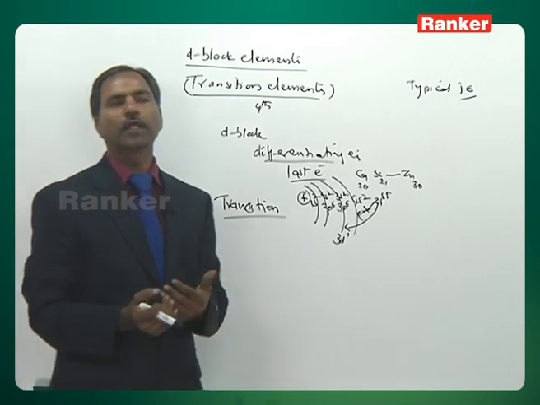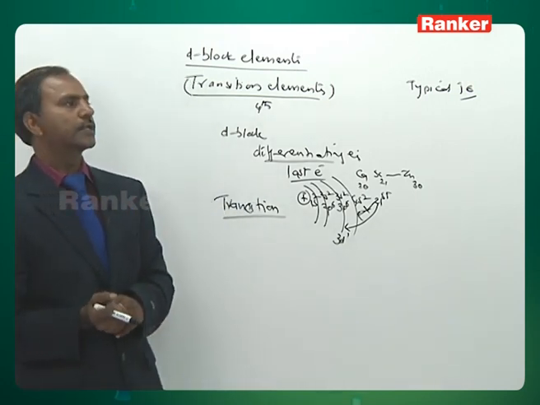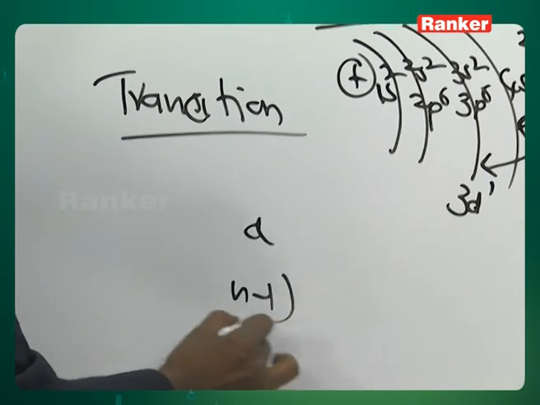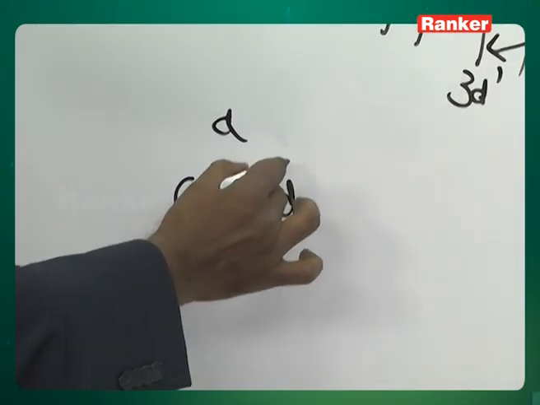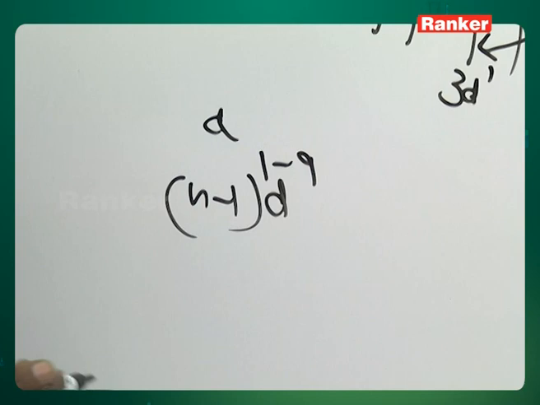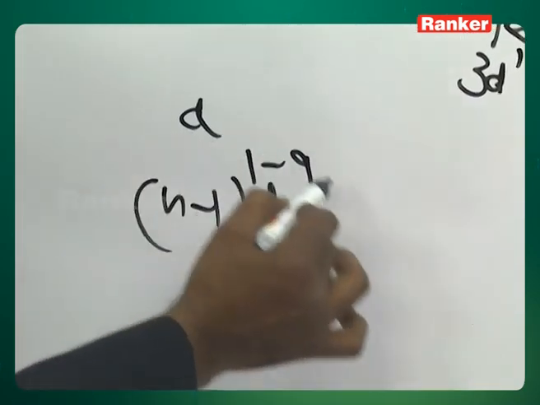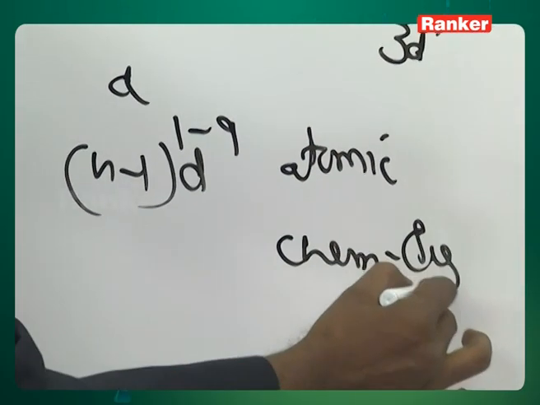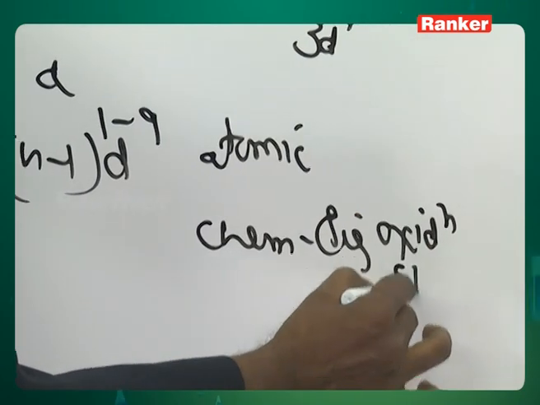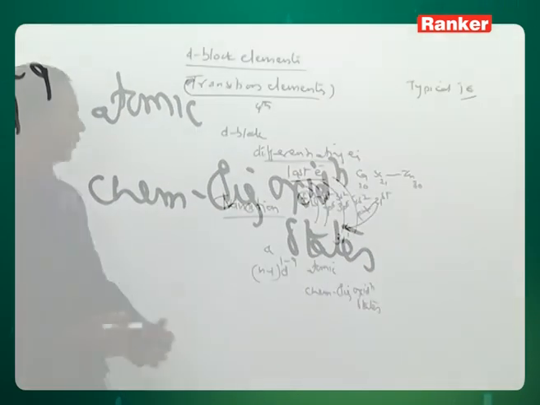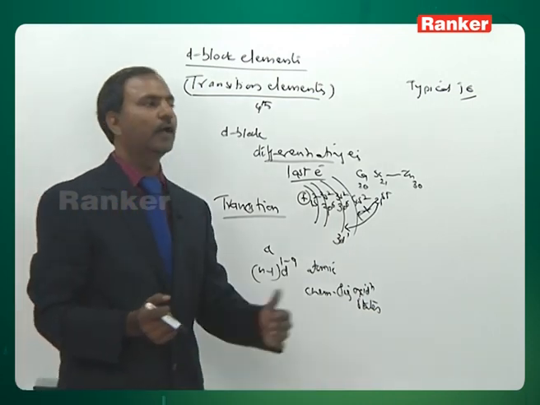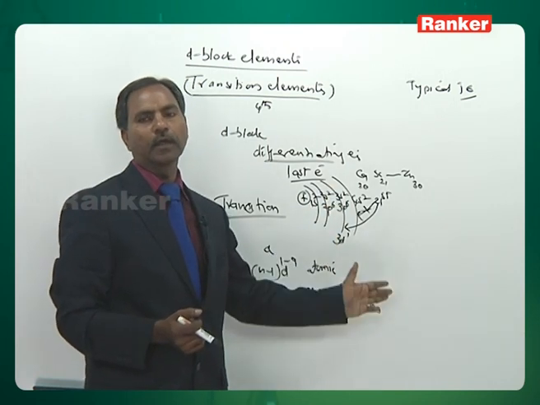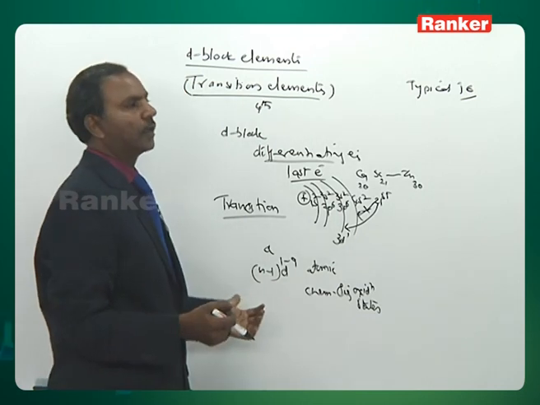Next, let me introduce what a transition element is. The elements which are carrying incompletely filled (n-1)d orbitals, let me say d1 to d9, either in their atomic state or in their chemically significant oxidation states, we call transition elements.